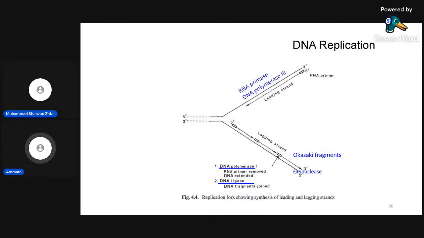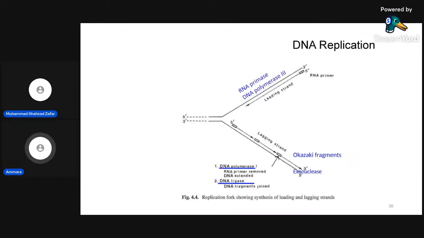But the next strand, you can see, is the lagging strand. Why is it the lagging strand? Because in one strand replication starts in the 5' to 3' direction. If you see in this diagram, the next strand is 5' and replication will start from the opposite end, because that 5' strand has its opposite 3' end.